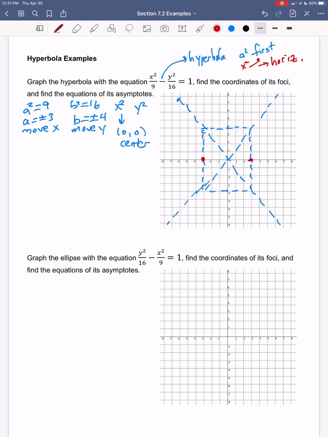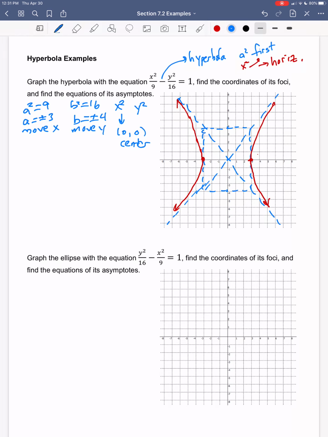The hyperbola starts at each vertex, goes away from the box, and then towards the asymptote. So I just draw the hyperbola away from the box and towards the asymptote. That red graph is the actual hyperbola. The blue stuff is just the framework or the skeleton that we would have.